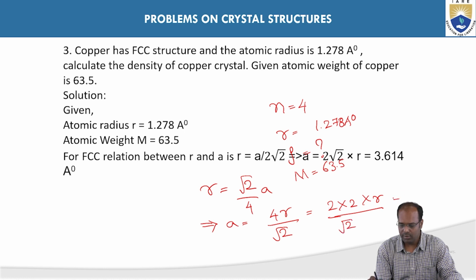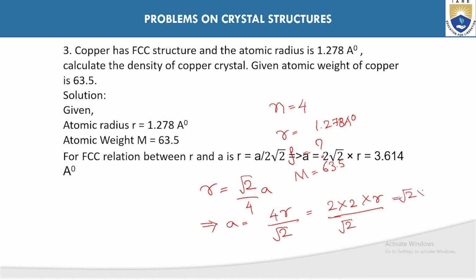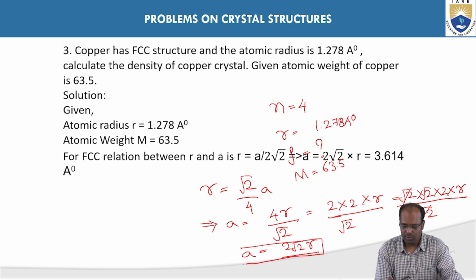So this 2 we can split as root 2 into root 2 into 2r by root 2. The root 2 gets cancelled, so we are getting 2 root 2 r, the value for a. a is equal to 2 root 2 r. This is the formula we are getting.